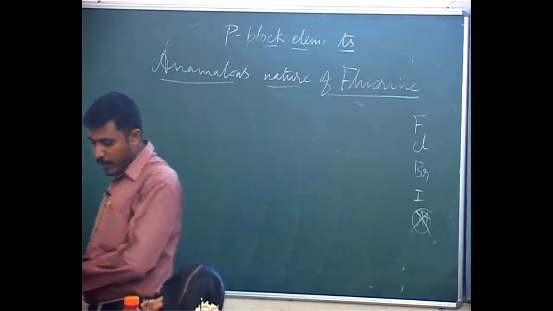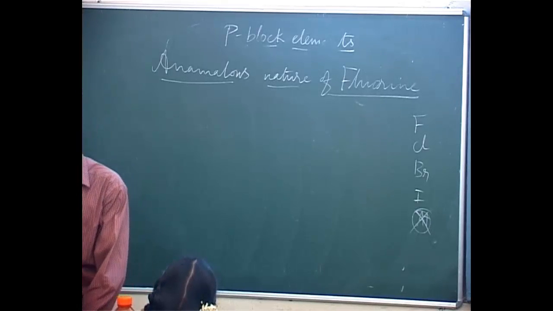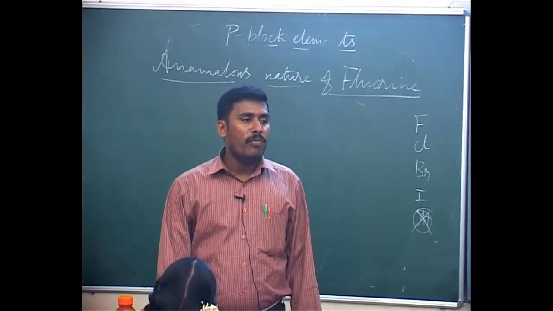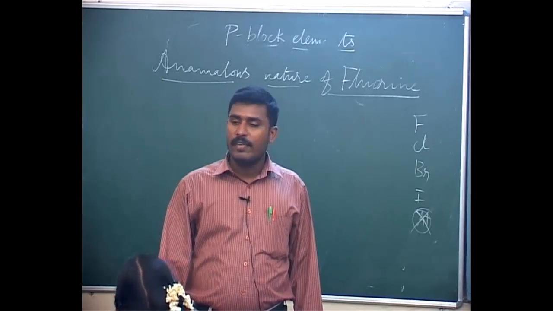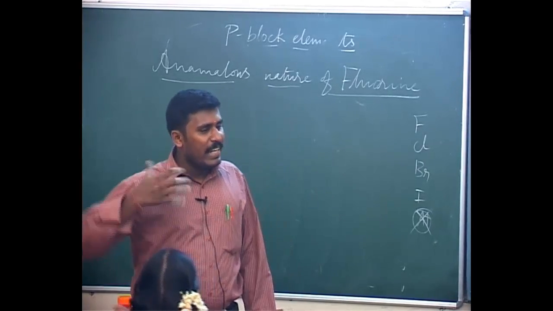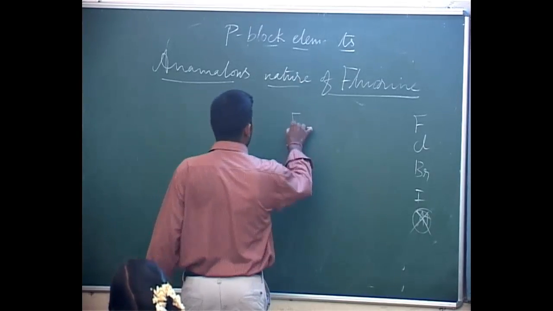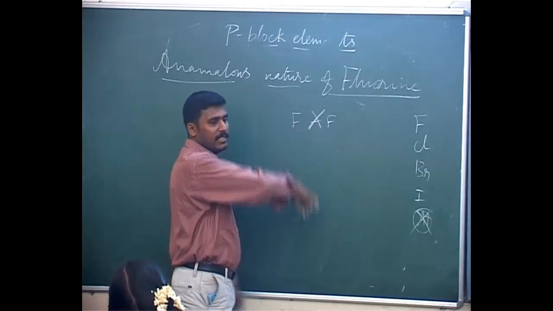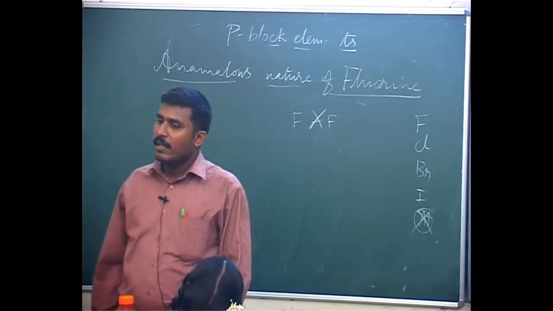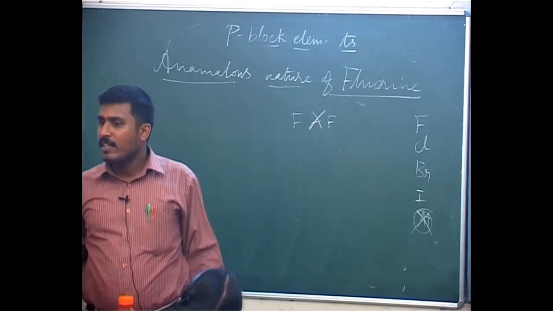First, fluorine is a highly reactive element among the halogens. Why? Because the F-F bond dissociation energy is very low. Very low means you can dissociate it very easily, so it reacts very fast with other elements.